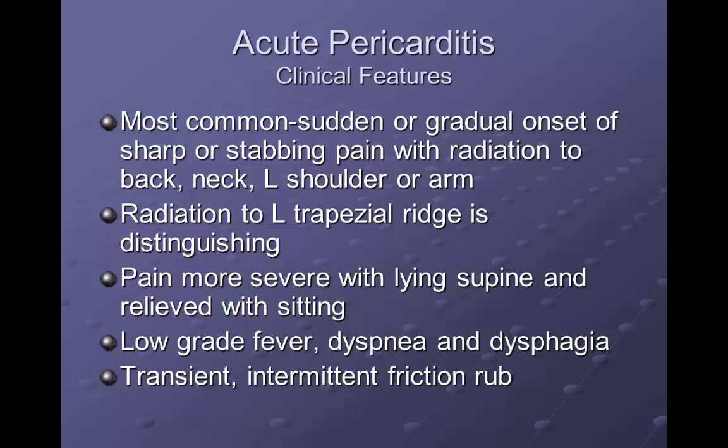Other symptoms associated with pericarditis could include low-grade fever because it's an inflammation, shortness of breath, as well as dysphagia. Patients could also have, upon auscultation, a friction rub because remember, the pericardial fluid is present to avoid friction. When it's not present, you will be able to hear the actual rubbing effect.